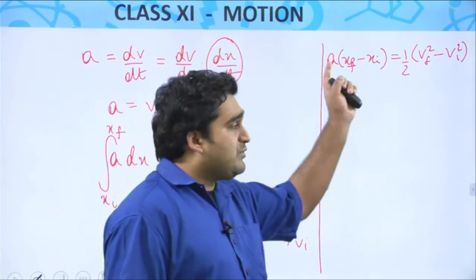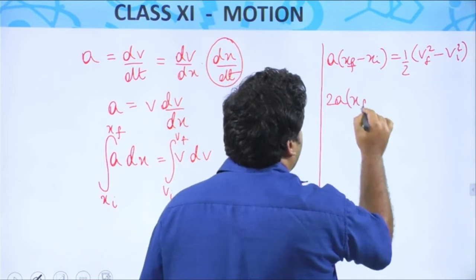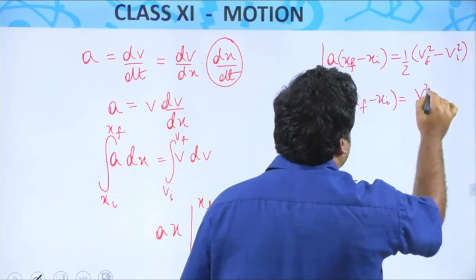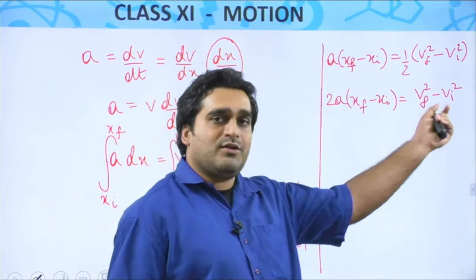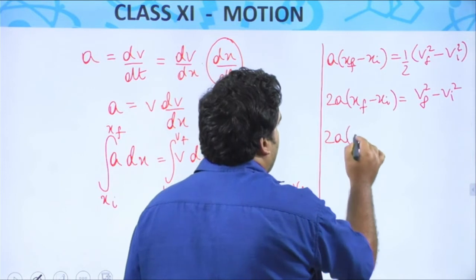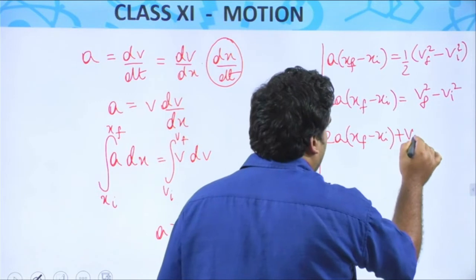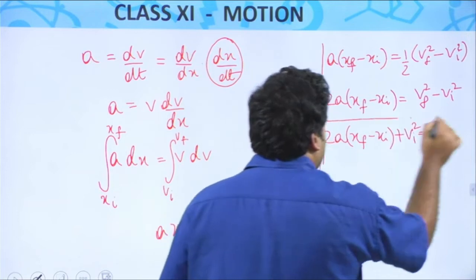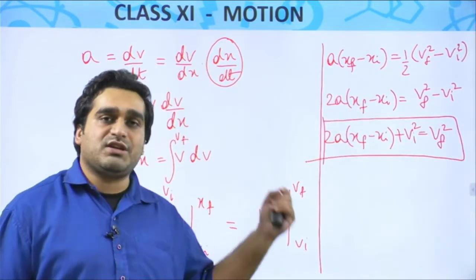You can transpose the 2 to the other side. 2a(xf minus xi) equals vf square minus vi square. Transpose the vi square to the left hand side and you get 2a(xf minus xi) plus vi square equals vf square. This is your third equation of motion that tells you the relation between position and velocity.